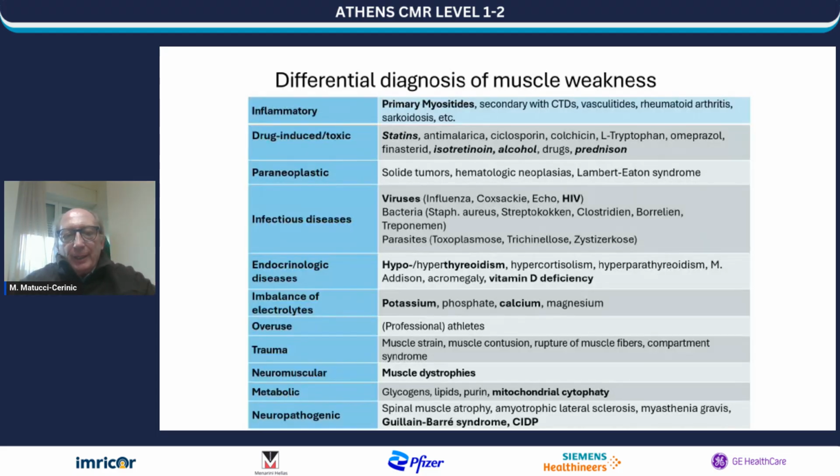We have endocrinological diseases like hypothyroidism, and in particular also infectious diseases with viruses or parasites and many others. So you know that when we have to think about this, we have to really have a full panel of investigation that involves mainly internal medicine. The next one, please.